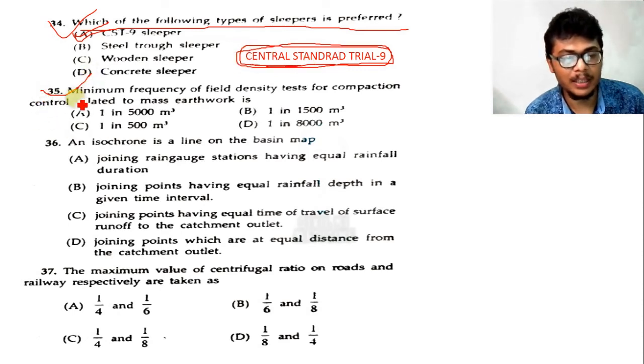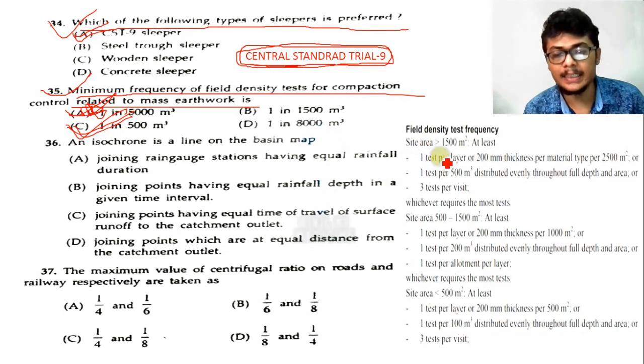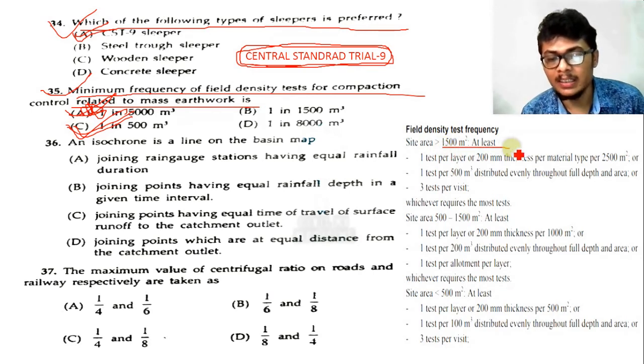Next, question number 35. Minimum frequency of field density test for compaction control related to mass earthwork. This answer will be C, 1 in 500 meter cube. Let's see the chart. In case of site area greater than 1500 meter square, one test is taken per 500 meter cube, or one test per layer of 200 mm thickness per material, whichever is most suitable.